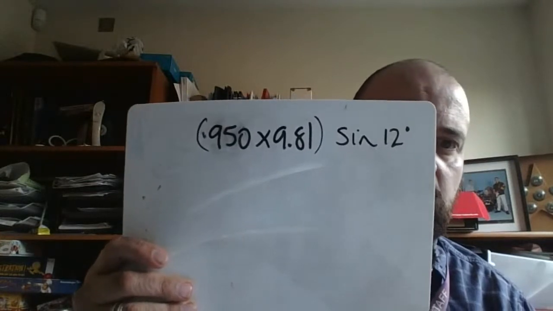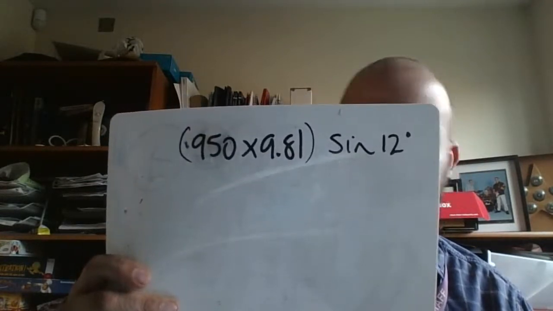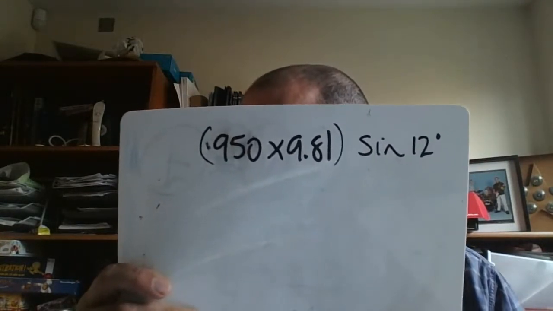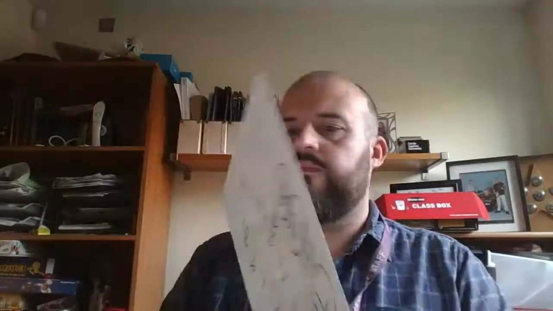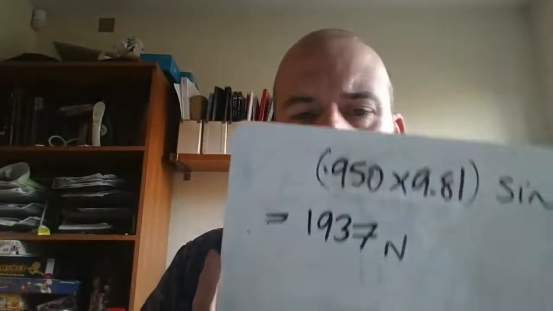That will give me my weight down the ramp. When I've done that, that actually comes out at, because I did this earlier, 1937 newtons.